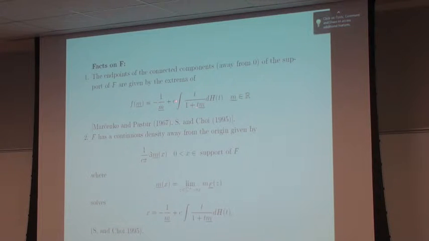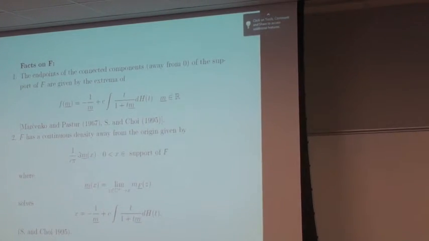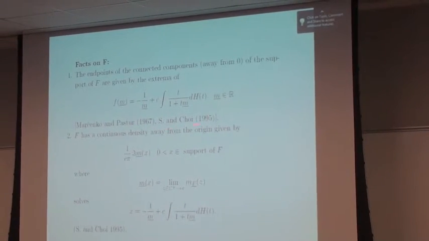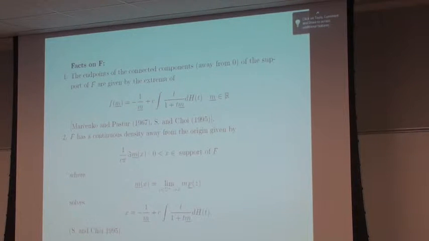So keep m underline away, so that minus 1 over m underline is away from the support of H. H, again, is the limiting distribution of the eigenvalues of the population covariance matrix. Plot this thing on the real line. Places where the function is increasing, if you look on the vertical axis, will give you places outside the support of the distribution.